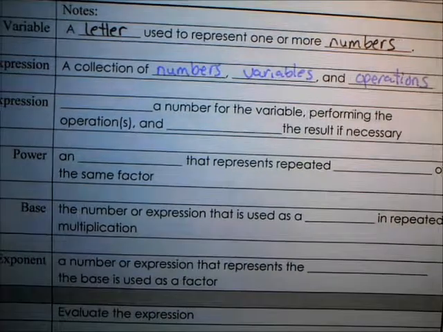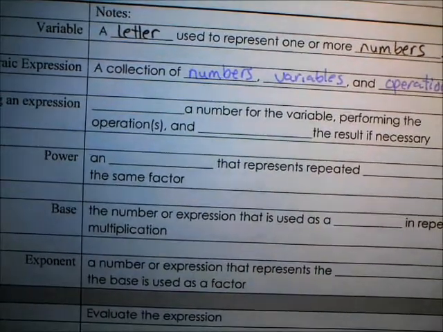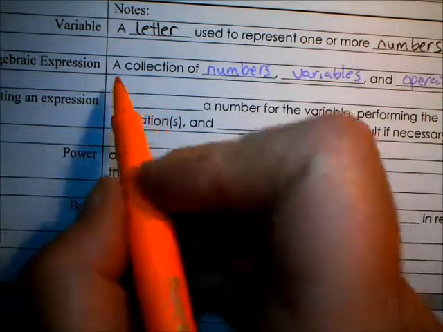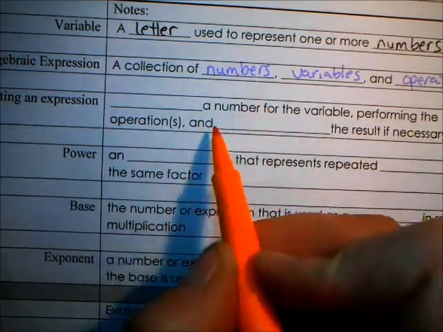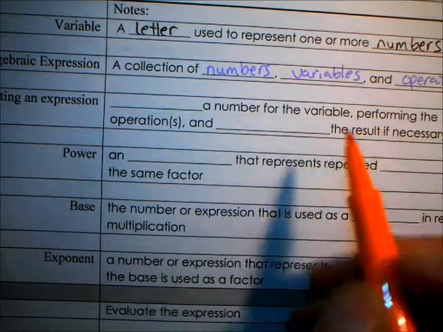The next one says evaluating an expression is substituting a number for the variable, performing the operations, and simplifying the results.